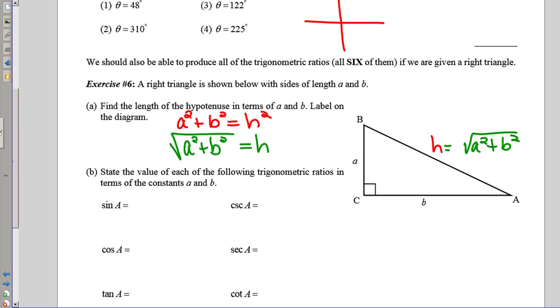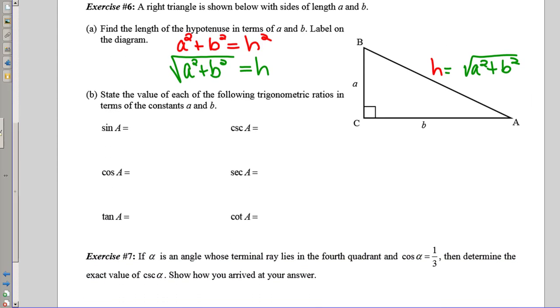And then once I have all of the sides, I can find the ratio of the sides in terms of a, b, and h, which is now the square root of a squared plus b squared. So if I look at sine of A, that means we're here.